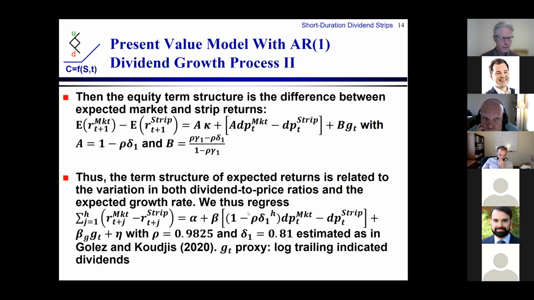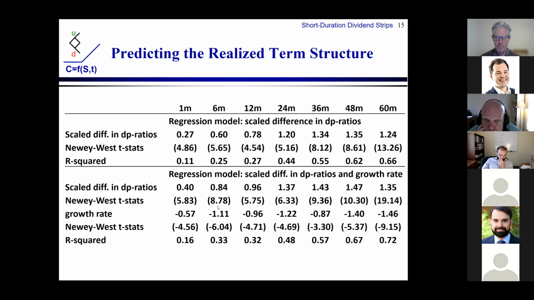Let me show you the results as I'm slowly winding up here. In the top model, I only use the scaled differences in DP ratios. So for now, the dividend growth component I switched off. The DP ratios, I take the difference, but I scale them so that the market DP ratio has that correct multiplier.